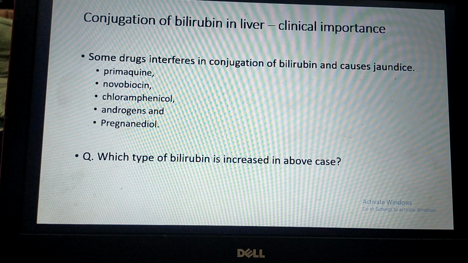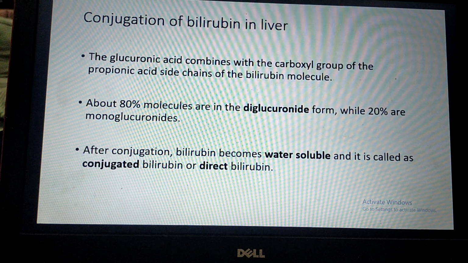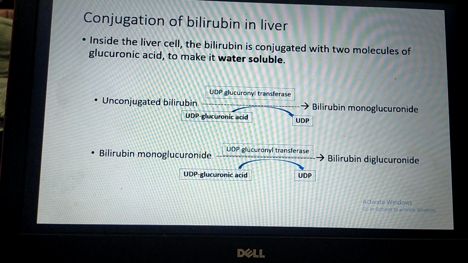Now clinical importance. Some drugs like primaquine, which is an anti-malaria drug, novobiocin, an antibiotic, chloramphenicol, again an antibiotic, androgens like testosterone, pregnenolone, that is also a steroid hormone. These drugs interfere with this step, the conjugation, and hamper the conversion of unconjugated bilirubin into conjugated bilirubin.